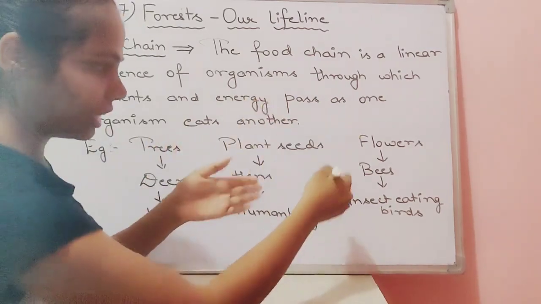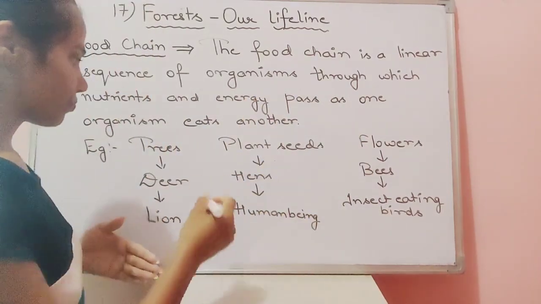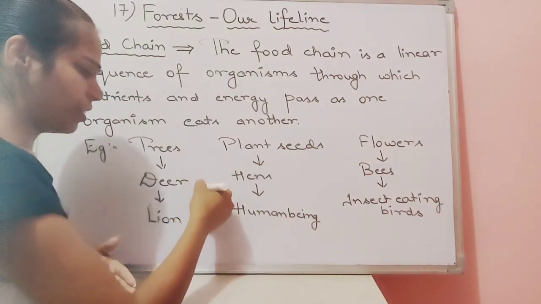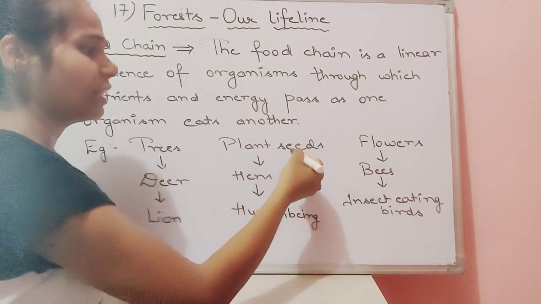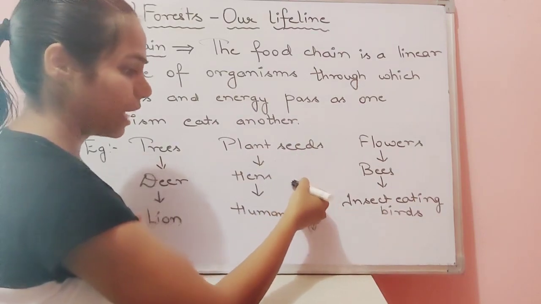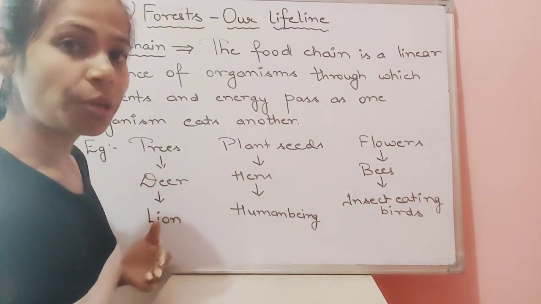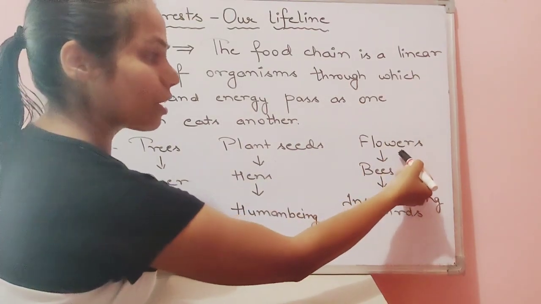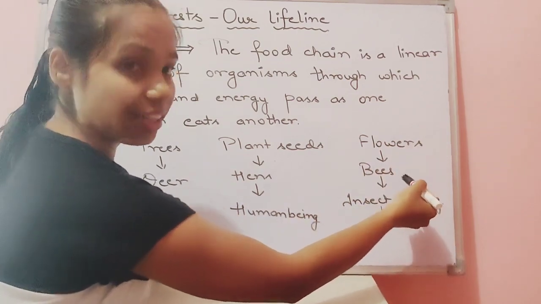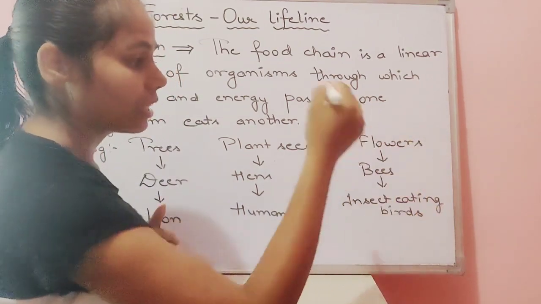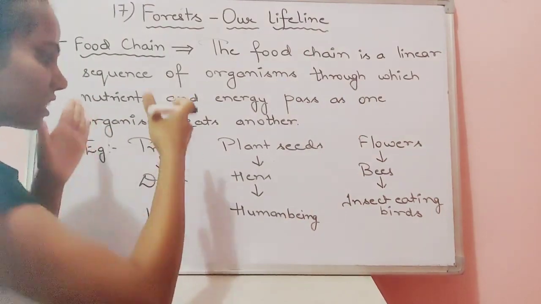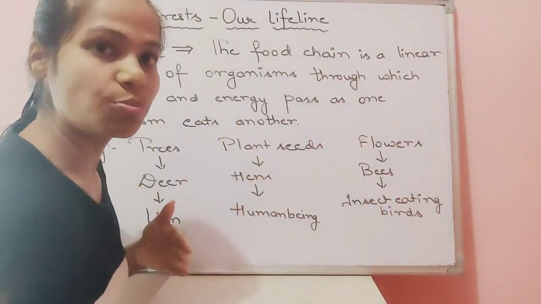There are many examples I have written. Trees are eaten by deer, deer are eaten by lions. Then the plant seeds are there which are eaten by hens, hens are eaten by the human beings. Flowers are there which are eaten by the bees, like honey bee, which is eaten by the insect eating birds. So it is linear in nature. Are you observing this?